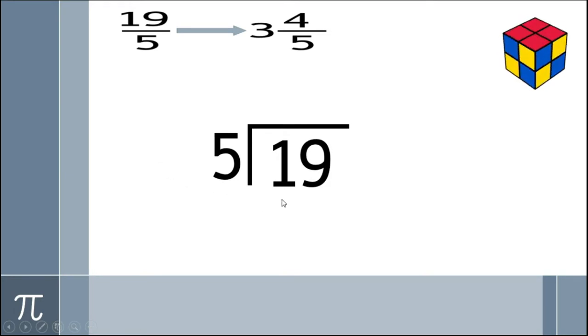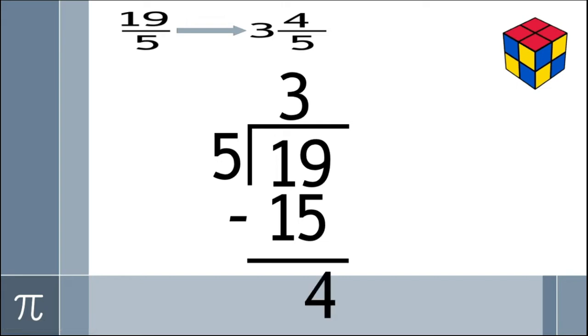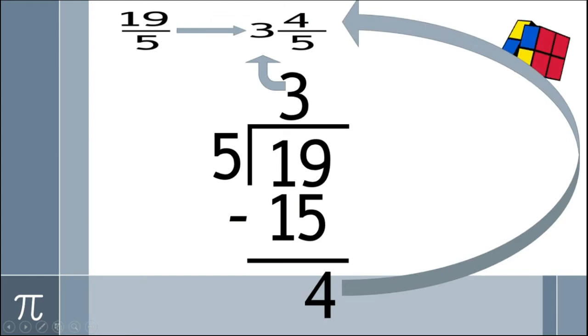Ilang 5 mayroon sa 19? 3. 3 times 5 is equal to 15. Subtract 15 from 19. 4. Yung 3, yun ang inyong magiging whole number. Yung 4, na remainder, yun ang inyong magiging numerator. Then, copy the denominator. Kaya yung 19 fifths, naging 3 and 4 fifths.